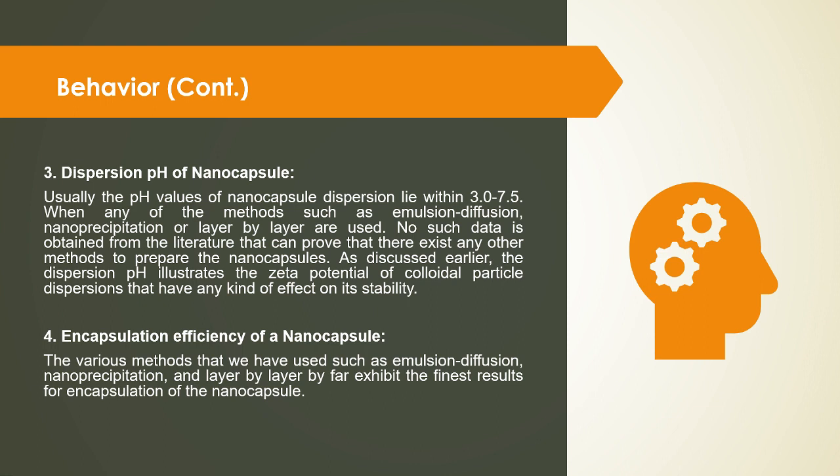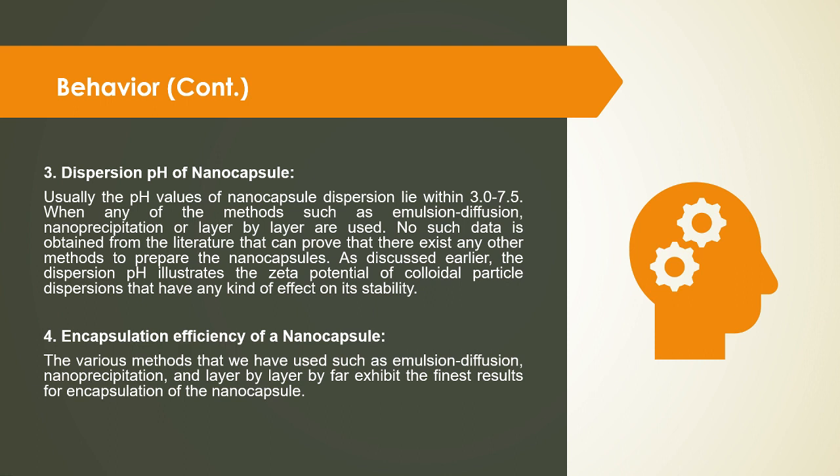Usually the pH values of nanocapsule dispersion lie within 3.0 to 7.0 when any of the methods such as emulsification diffusion, nanoprecipitation or layer by layer are used. No such data was obtained from the literature that can prove that there exist any other methods to prepare nanocapsules. As discussed earlier, the dispersion pH illustrates the zeta potential of colloidal particle dispersion that has effects on stability.